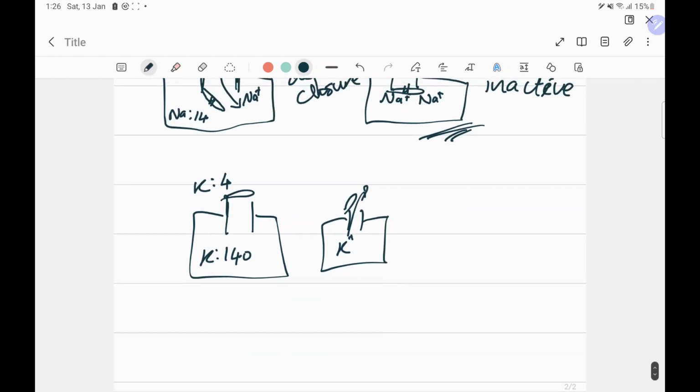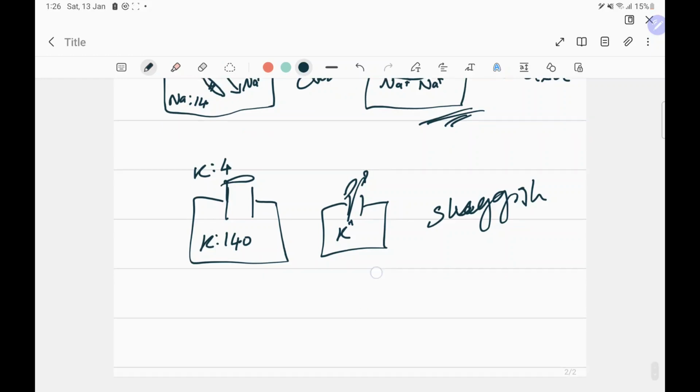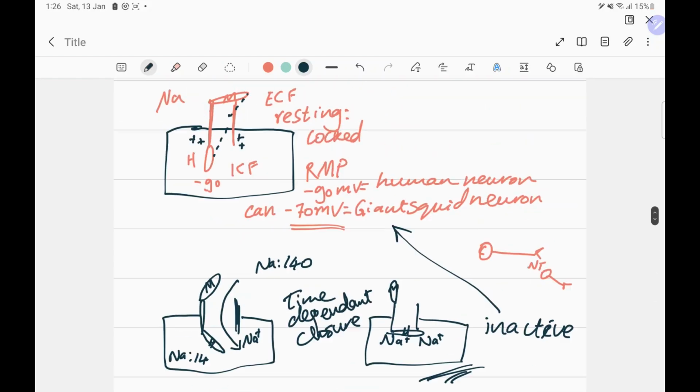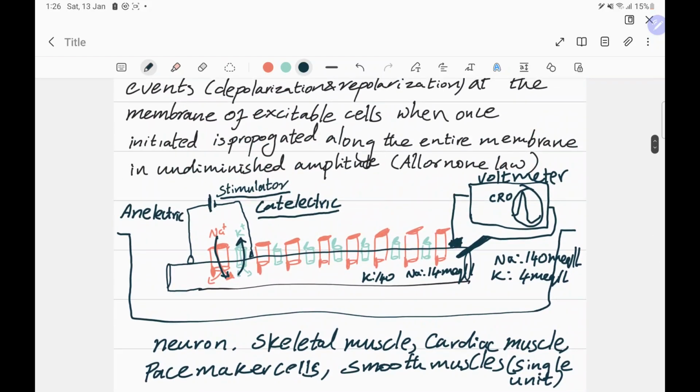One more point to remember, potassium channels tend to be sluggish, meaning they tend to close themselves a little later than they should, and I'll explain as we go ahead. So we are able to initiate an electric impulse, a signal, with depolarization followed by repolarization because of these different ion channels, and that causes communication and spreading of the signal.